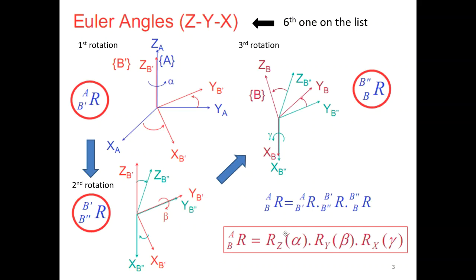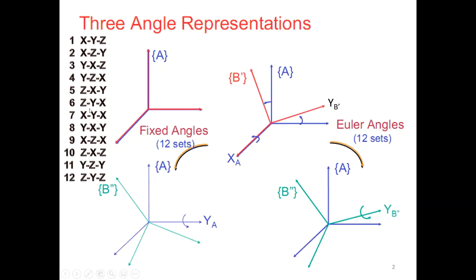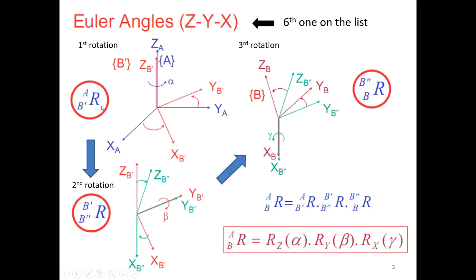So here you can see the first rotation, right? First rotation is around Z axis because we have selected the sixth one on the list, which is this one, ZYX. So we rotate around Z axis by an angle alpha.